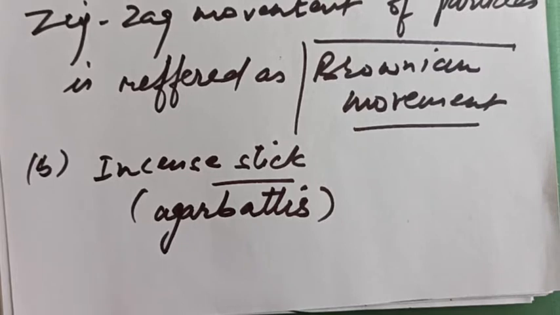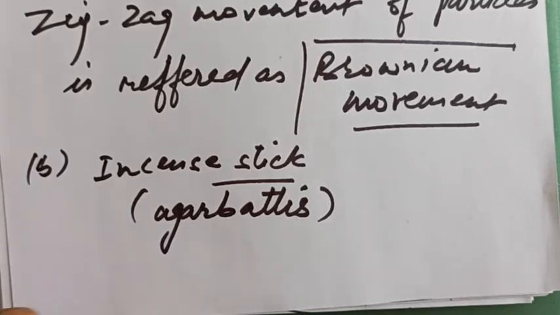Okay, clear? So this happens because of diffusion only. Diffusion we did in the previous lecture. What is diffusion? It's the process of intermixing of particles of different types of matter on their own. Understood? So this is also an example that we can cast in this character.